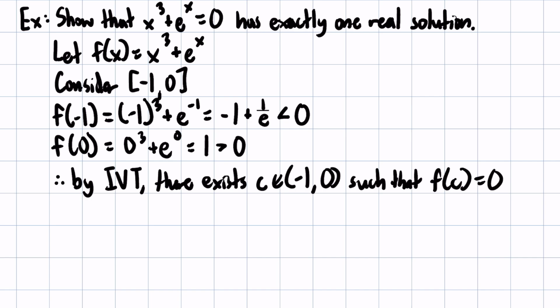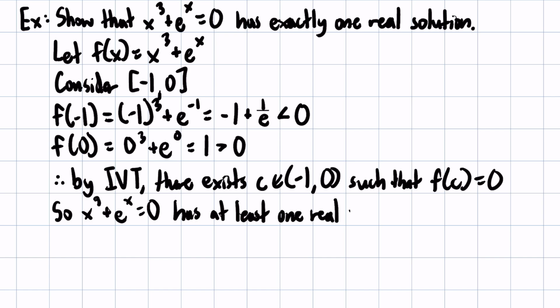So what that means is that x cubed plus e to the x equals 0 has at least one real solution, right? Because it definitely has a solution between -1 and 0, so it has to have at least one real solution in general. Now we're going to prove that there can only be one.